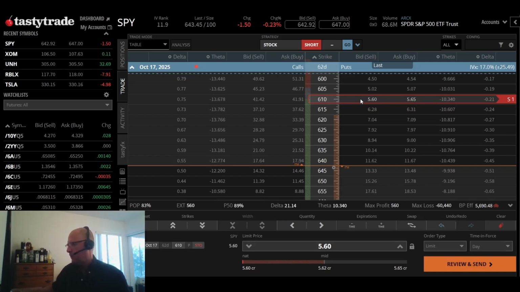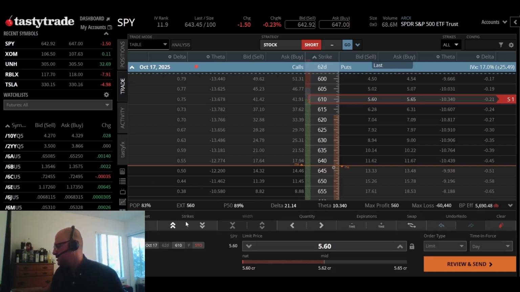Remember, if we bought this option, we would be paying over $560 for it because it's $5.60 times 100 shares of stock per contract. So if we were to buy this option and nothing would happen for a day, we would expect this option to drop by $10 in value. On the other side, if we had sold this option, that drop is good for us.